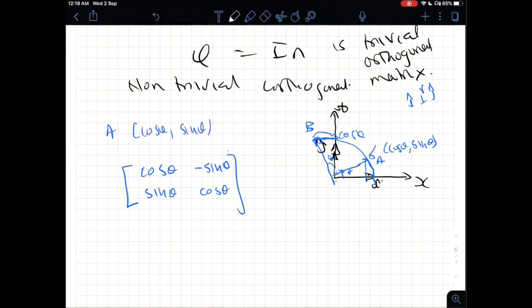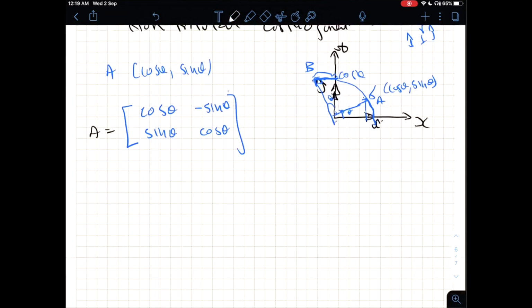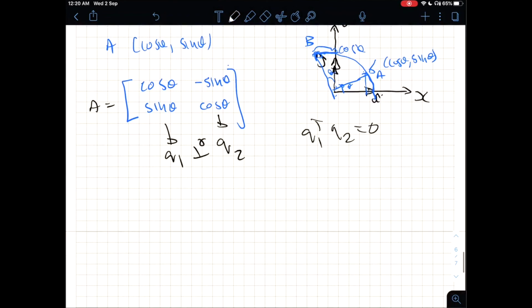Now, if you look at this matrix as A, a 2 cross 2 matrix, you can see that this column, which I call Q1, is perpendicular to the second column Q2, because Q1 transpose Q2 is minus cos theta sine theta plus cos theta sine theta, which is 0.